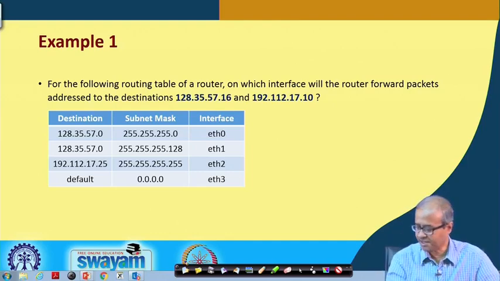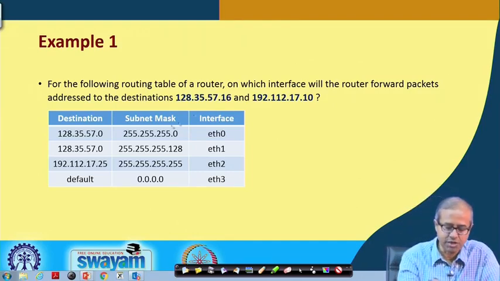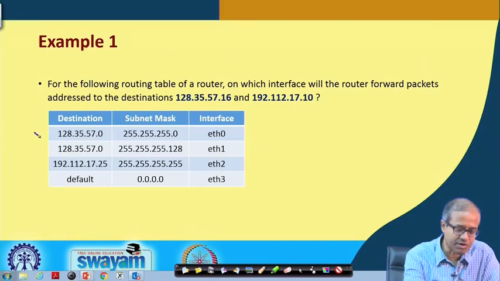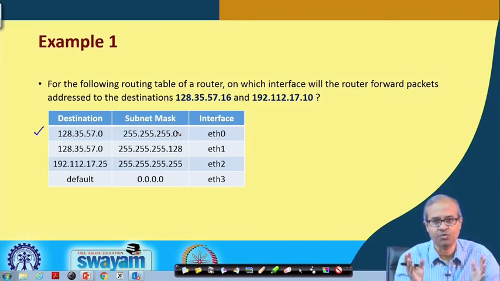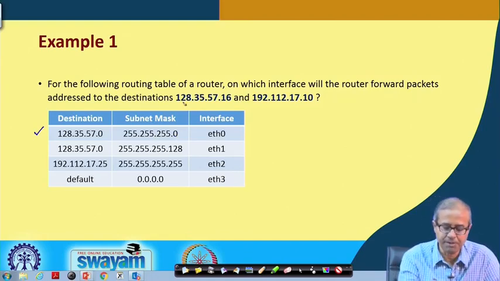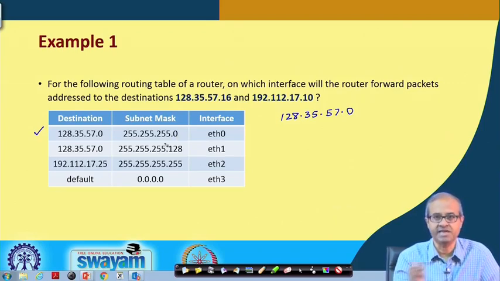Now, this 128.35.57.16 will be checked with the rows one by one. First, this row: just look at it, the subnet mask says the first 3 bytes are all ones, the last one is all 0, 255 means all ones. So, if you do a bit by bit ANDing with this, you will simply get 128.35.57.0, the last 8 bits will become 0, because you are ANDing with 8 zeros at the end.